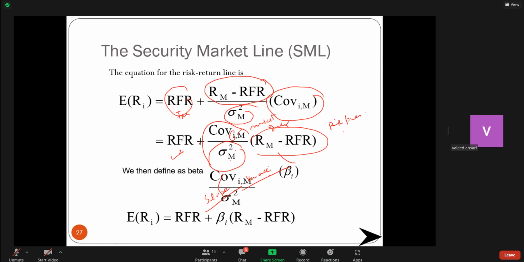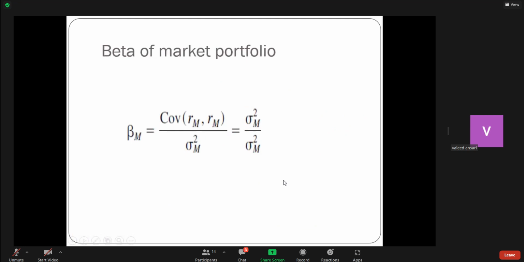We define this as beta, the same thing I have explained. When you define it as beta, then we can write this equation simply as: the risk-free rate plus the sensitivity, the covariance of security I with M, that is the market, divided by the variance, which is nothing but the slope, and this is the risk premium. I'll show you how we calculate it.